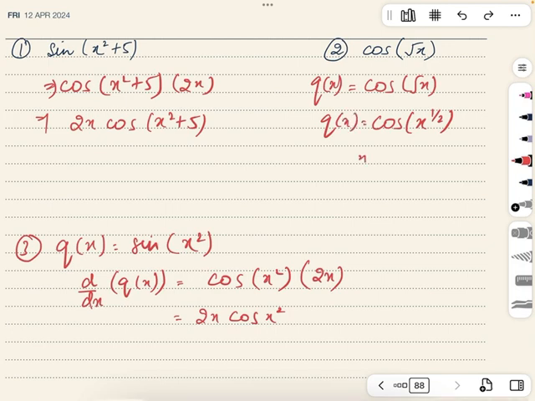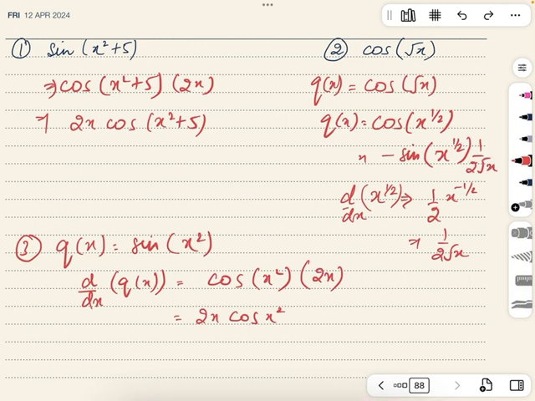Now differentiation of cos is minus sine, and differentiation of x to the power of half is how much? d by dx of x to the power of half will be half of x to the power of minus half. That will be 1 upon 2 root x. So we'll just put it over here, 1 upon 2 root x. That is your final answer.